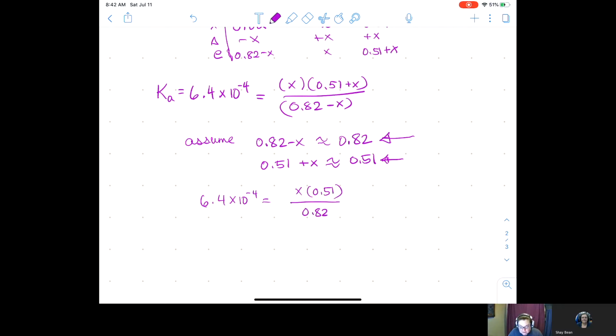And the math becomes very simple. It becomes very simple algebraically to solve for X, do your cross multiplying, etc. Let me punch it in. And I get 1.029 times 10 to the minus 3. And let me double check that.